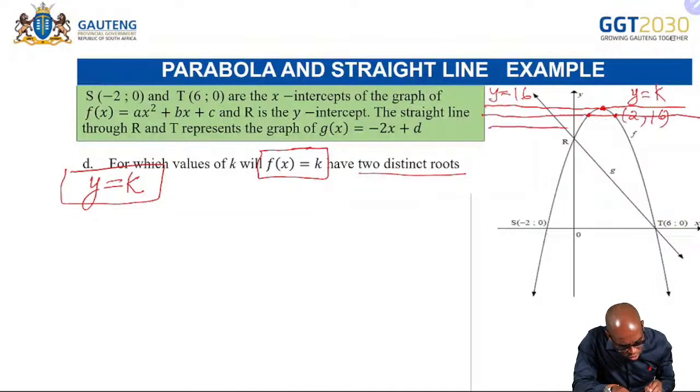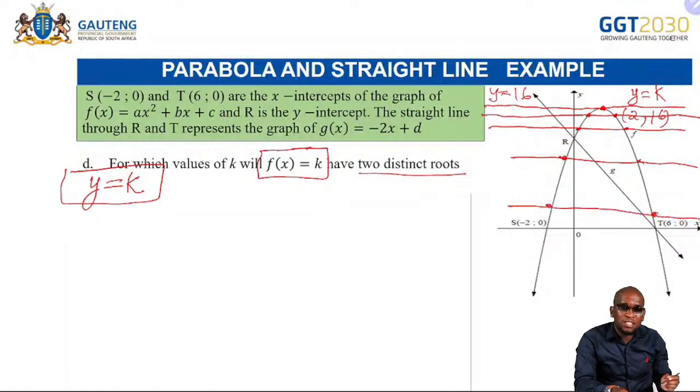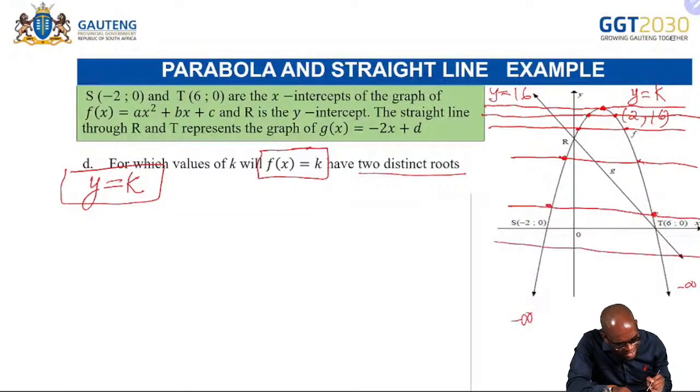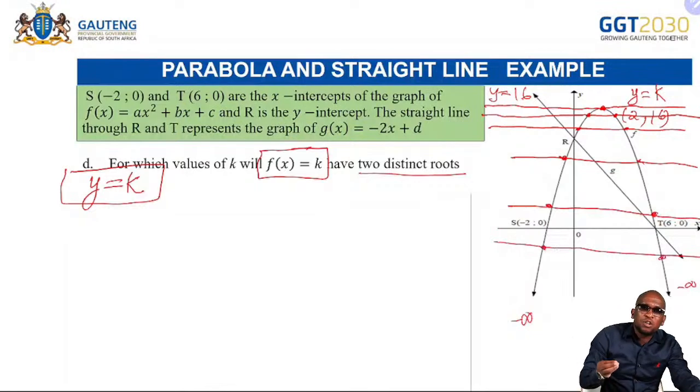As you continue moving this line down, you can see it touches twice. As you move it down further, it touches twice. Remember, this graph here is telling you that it's going towards what? Negative infinity, and also this side towards negative infinity, which means as you continuously move this line down, it's going to be touching at two different points.